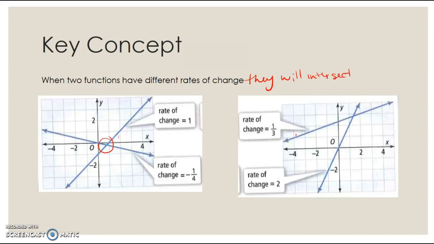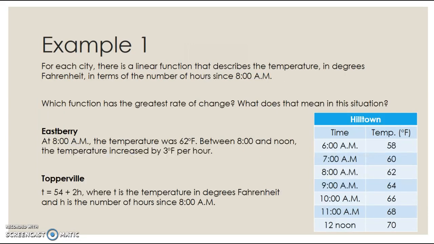Here we have a rate of change of 1/3 and a rate of change of 2, and we intersect over here. And if we would have done chapter 6, I could relate back to that. But as long as they have different rates, and it could be a sign change, like we could have a 1/3 and a -1/3, they are going to intersect. So if we have different rates of change or different slopes, then our lines are going to intersect.